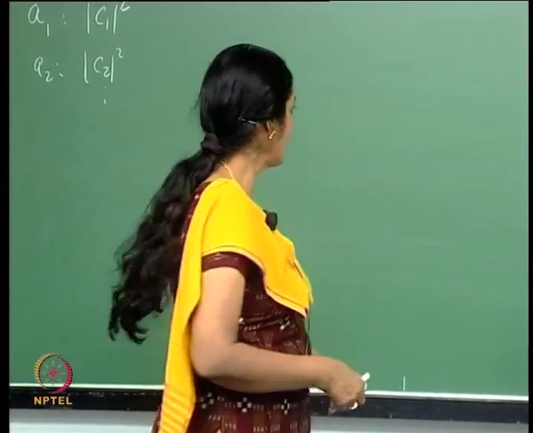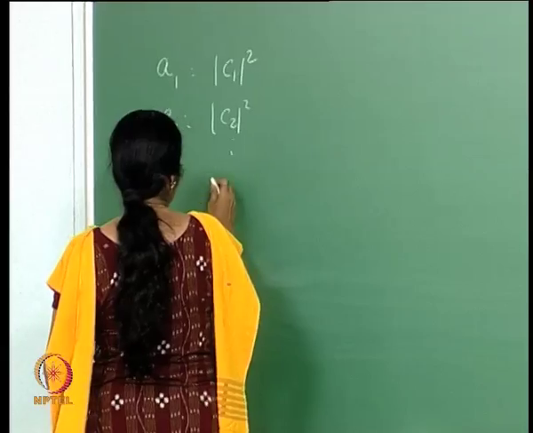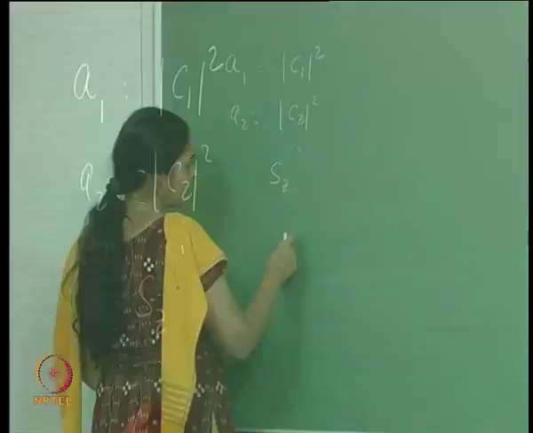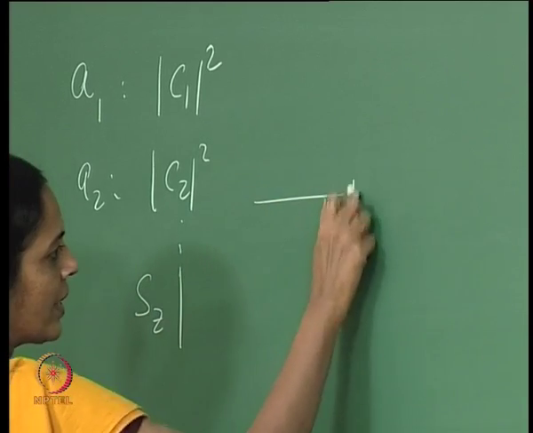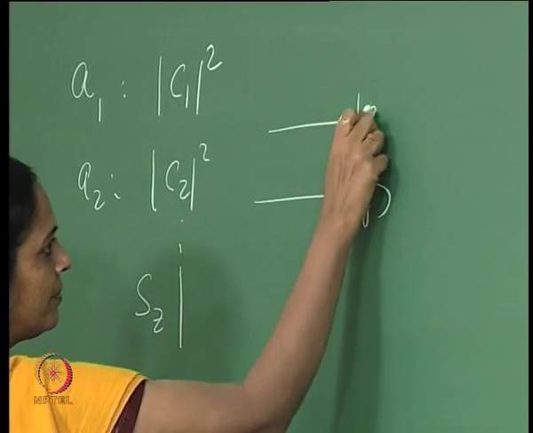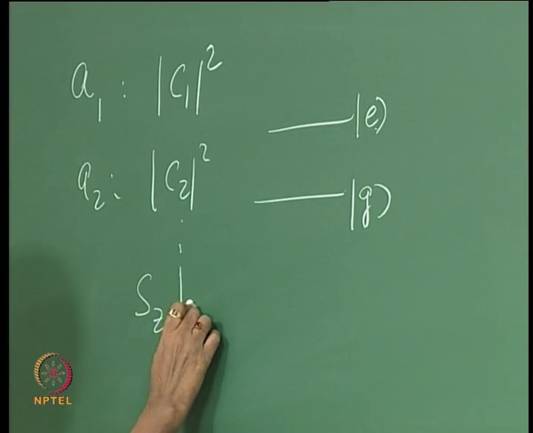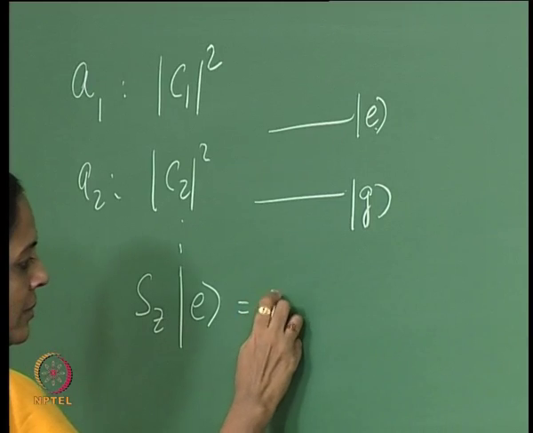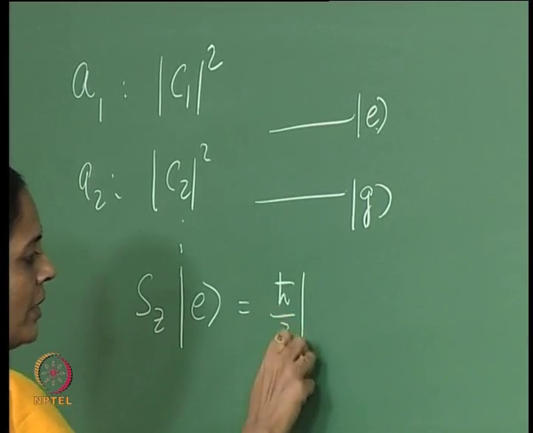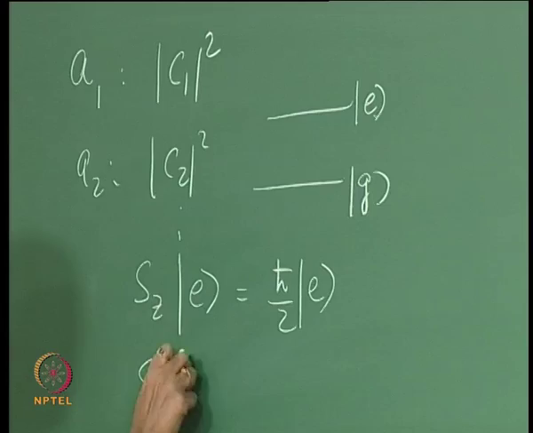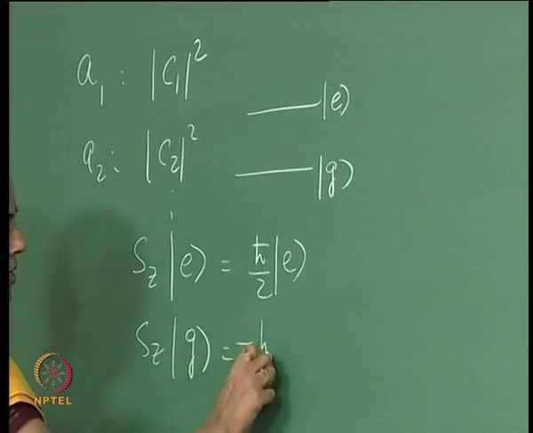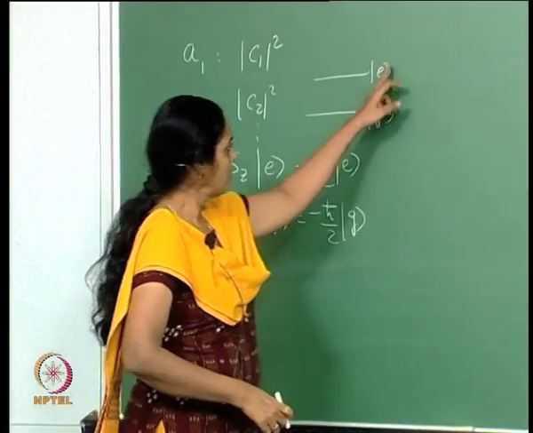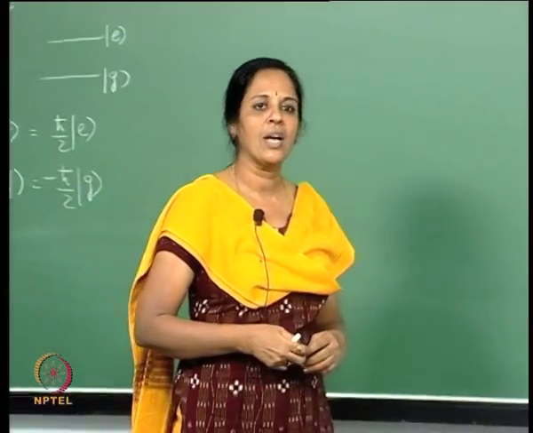Back to the 2-level atom. So, the Hermitian operator in consideration, let us say, is Sz. Given the states g and e, we had Sz when it operates on e gives me h cross by 2 ket e, and Sz acting on g gives me minus h cross by 2 ket g. So these are the basis states, and I have chosen them to be eigenstates of Sz.